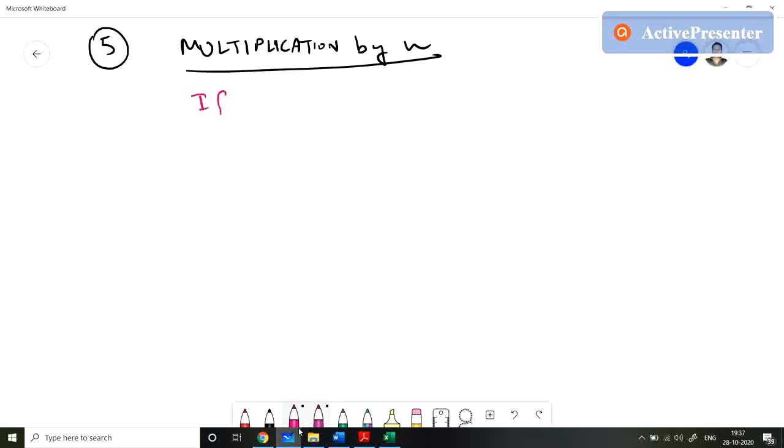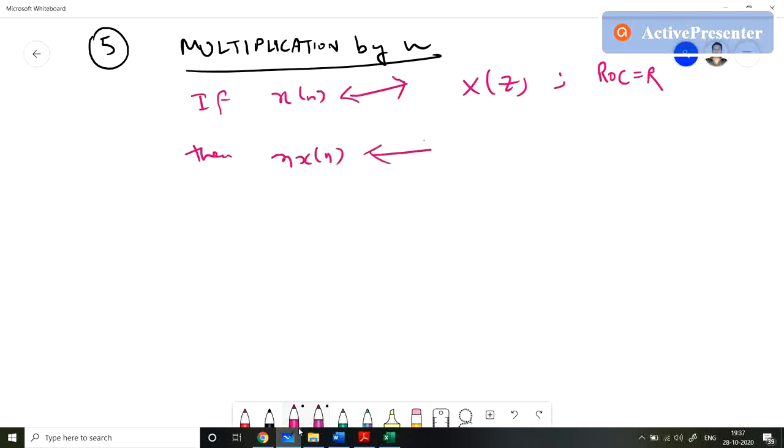So if x[n] has Z transform X(z) and the ROC is R, then if we multiply to get n x[n], the Z transform is minus z dX(z)/dz, and the ROC is surprisingly R', that is equal to R. Surprisingly the ROC is not changing, it is again the same.